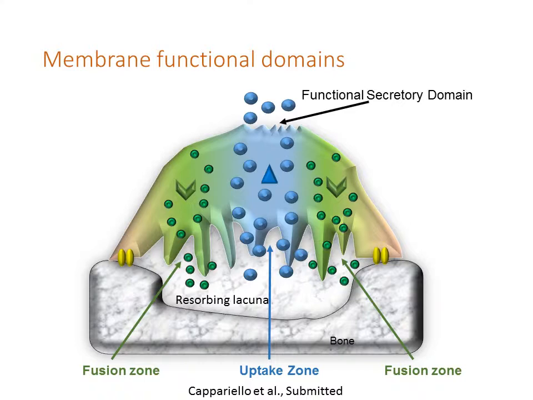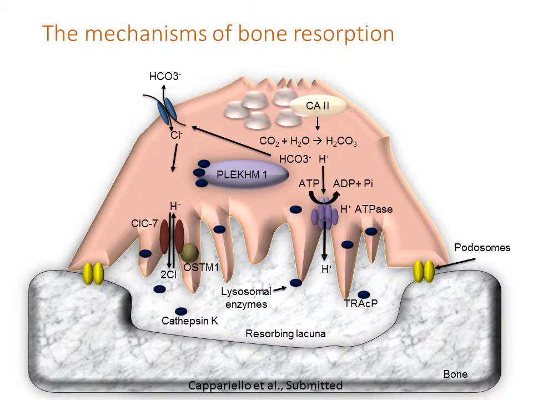The molecular mechanisms of bone resorption have been extensively investigated. Bone resorption starts with carbonic anhydrase type 2, which accelerates the hydration of CO2 into carbonic acid. Carbonic acid is then dissociated and the protons are released into the resorbing lacuna through a vacuolar type proton pump.